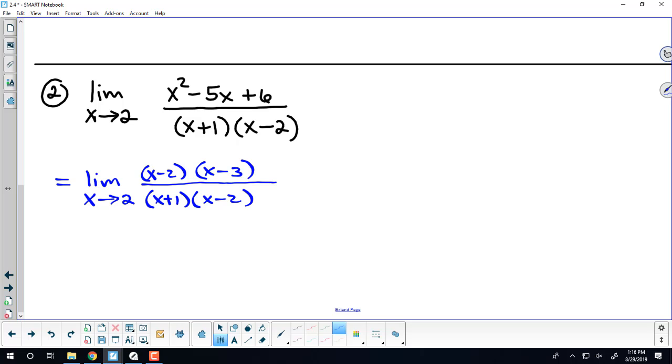So what happens in this instance is that these factors divide out, and so that original limit is equivalent to computing the limit as x approaches 2 of the function x minus 3 over x plus 1. And so can we compute that limit? Yeah, what's the limit for this one? Negative 1 over 3.